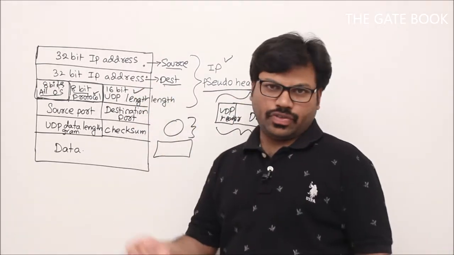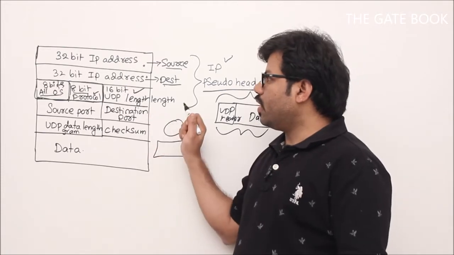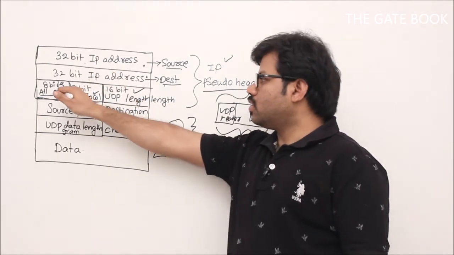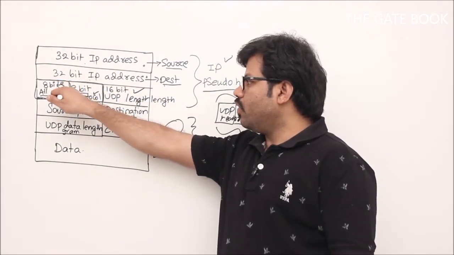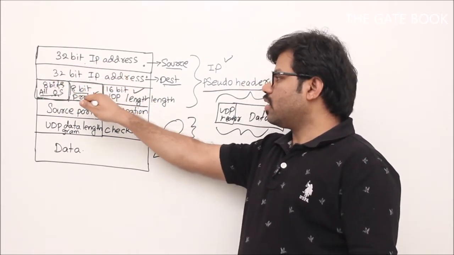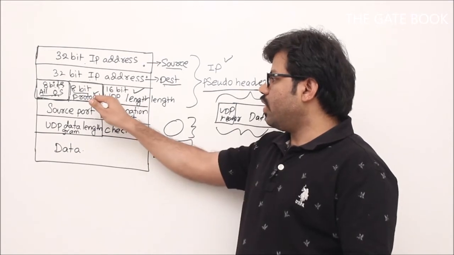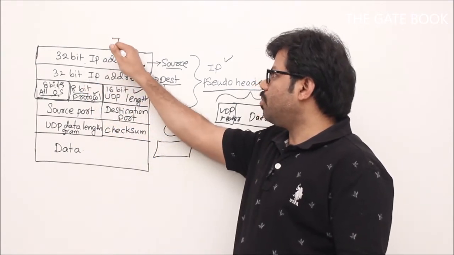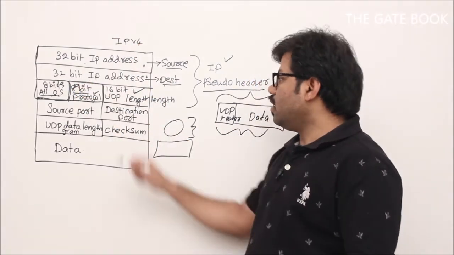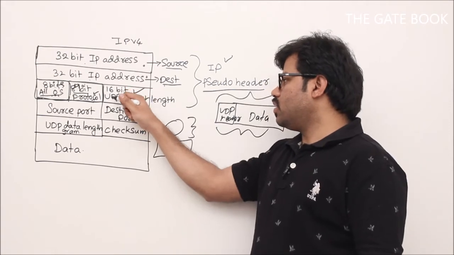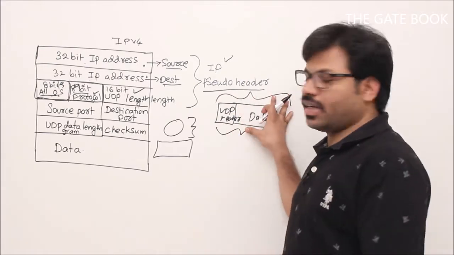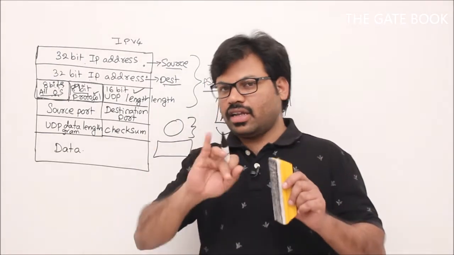Let me revise: the 32-bit IP source address and destination address, an 8-bit portion of the IP header filled with all zeros, then the 8-bit protocol, taken from IP. Then a 16-bit binary pattern which represents the UDP length, that means the entire UDP datagram length, header plus data.